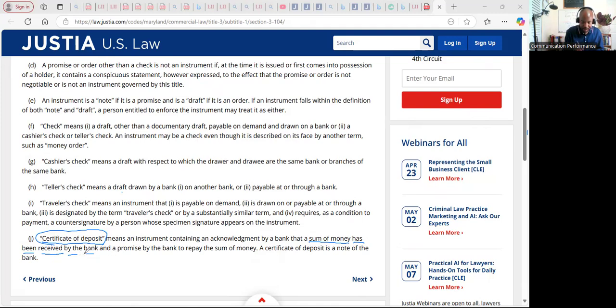It says a sum of money has been received by the bank and a promise by the bank to repay the sum of money, right? What the certificate of deposit definition and the definition of a promissory note explained is the contractual performance of an exchange, right? Which creates the value, right?